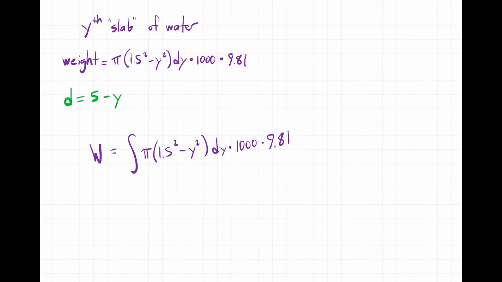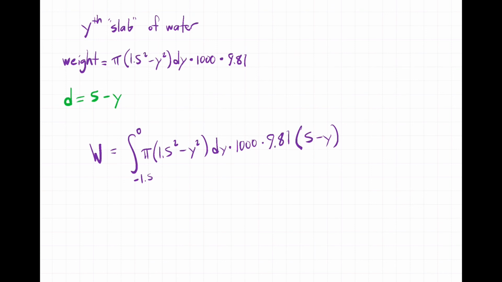That's the weight of that slab of water, times 5 minus y, the distance that that slab of water gets moved. And the integral goes from negative 1.5 to 0, because that's the range of y values that cover all of the water that's in the tank. If the tank were full, the integral would go from negative 1.5 to positive 1.5. But because the tank is only half full, the top of the water is at position 0.